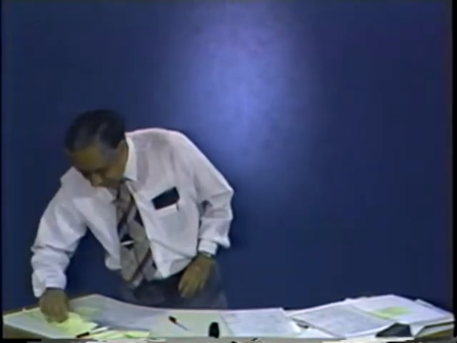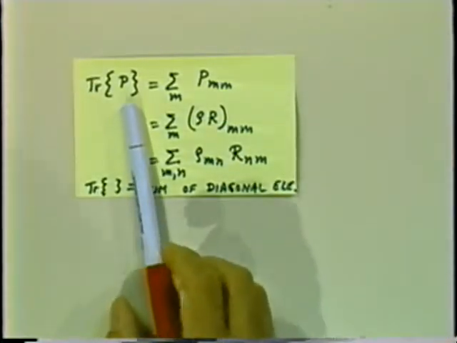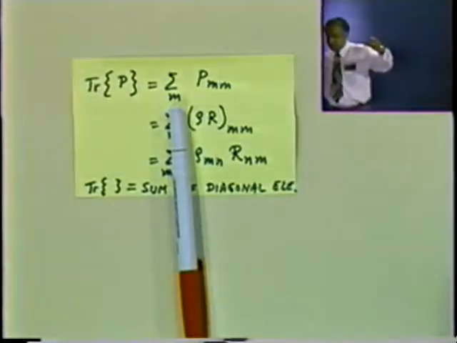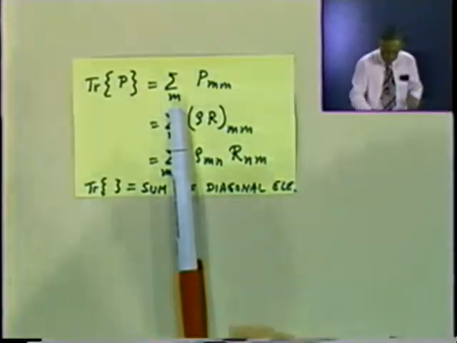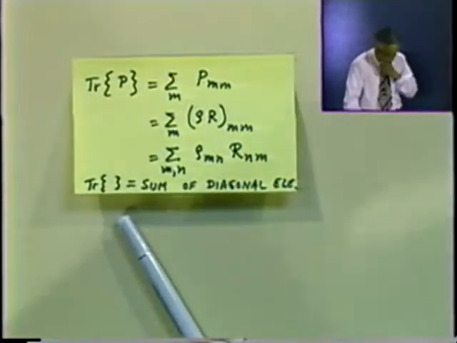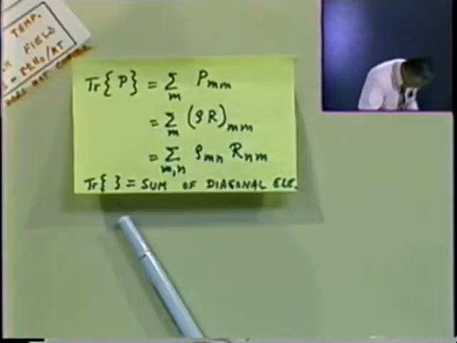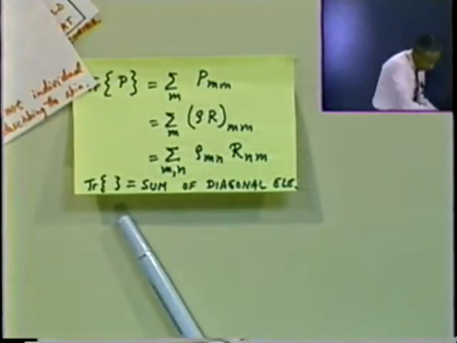That's good, I skipped that. The trace of any operator means the sum over all diagonal elements of that matrix.